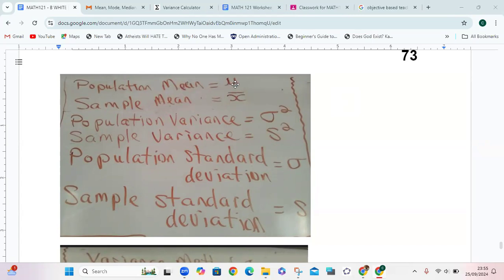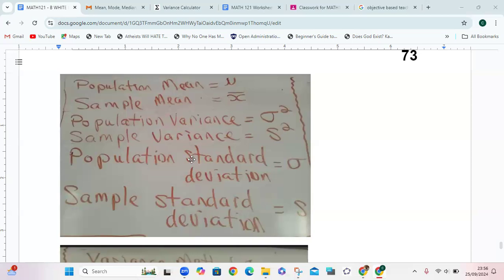The symbol is mu, a Greek letter for M. Sample mean, the symbol for sample mean is X with a bar on top of it. Population variance is the Greek symbol for S, that's lowercase sigma squared. So when you see this symbol, you've got to say population variance. Sample variance is the English S squared, lowercase.